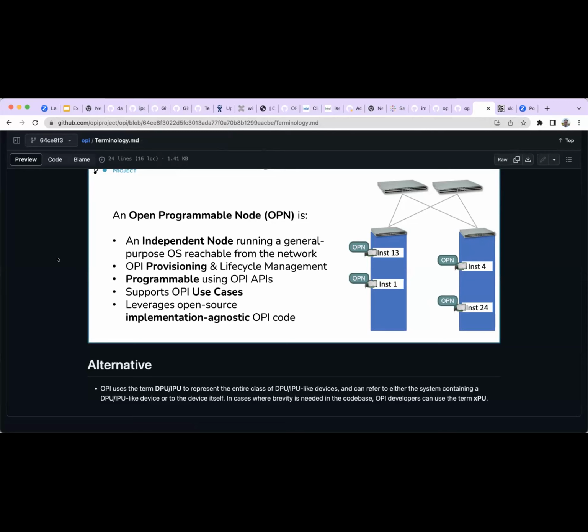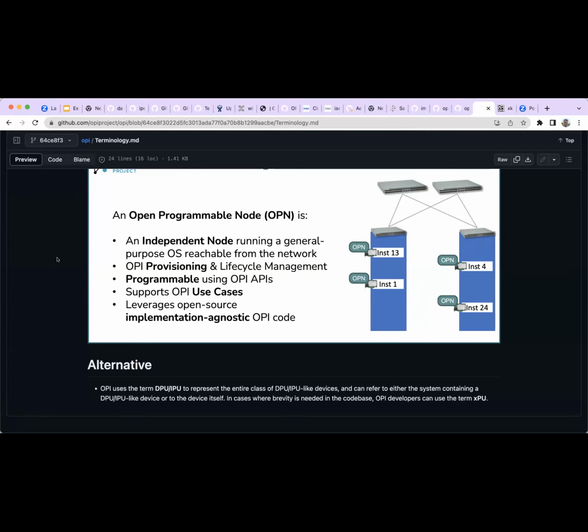I'm going to propose that we basically maintain the status quo. We put DPU, IPU, or DPU/IPU in our documentation and our presentations, as is our current policy. In the actual code, where you need to use a term to represent the entire device, use XPU in any of its capitalization forms, and we recommend strongly that we minimize the use of that term, so you only use it where absolutely necessary.